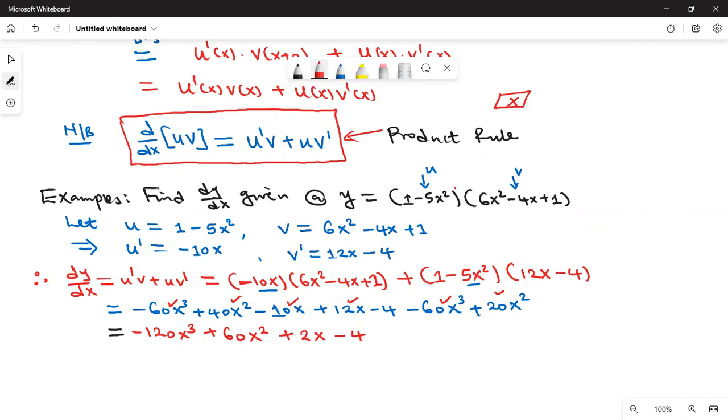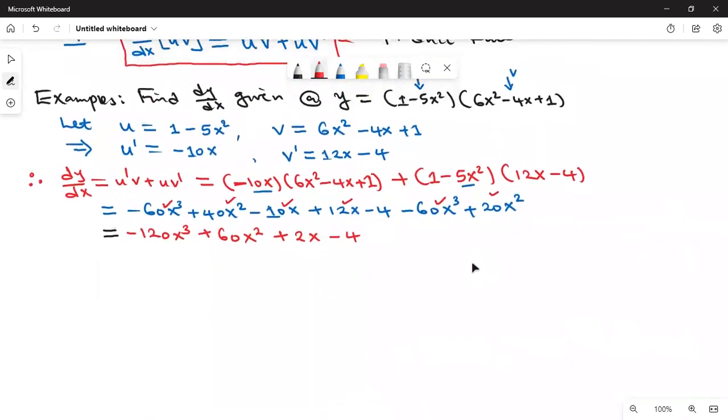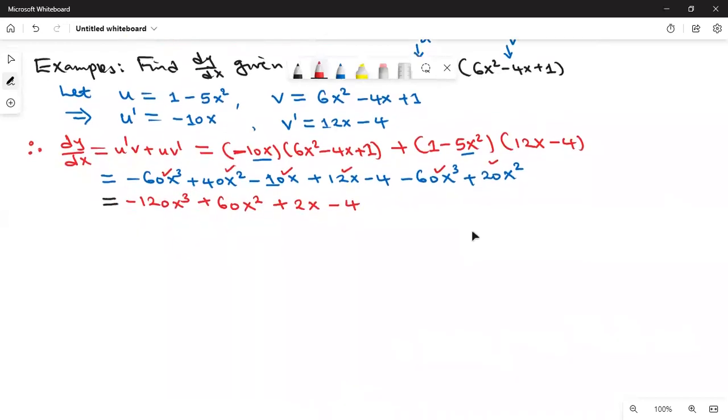Now let me give you another one where you also have to apply the product rule of differentiation. What is important here is, are you able to differentiate those two functions, u and v? Because once you know their derivatives, then it is easy to use the formula to find the derivative of y with respect to x.